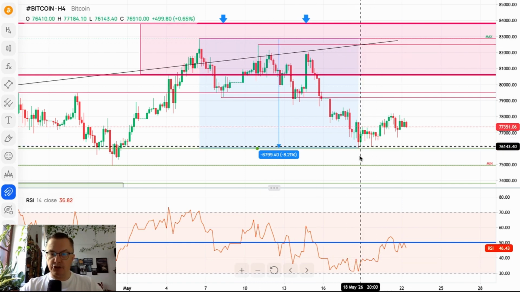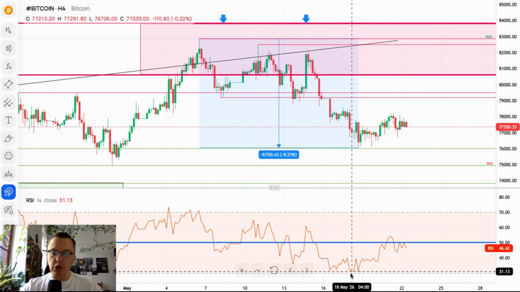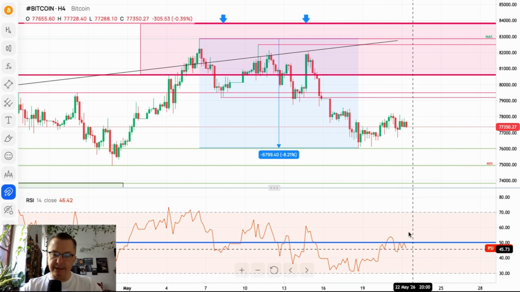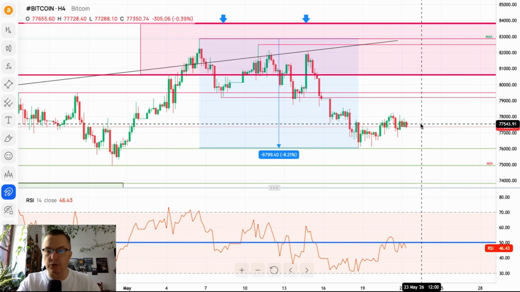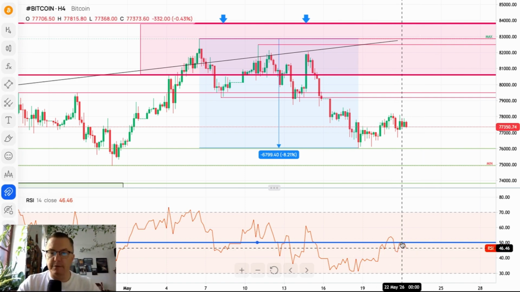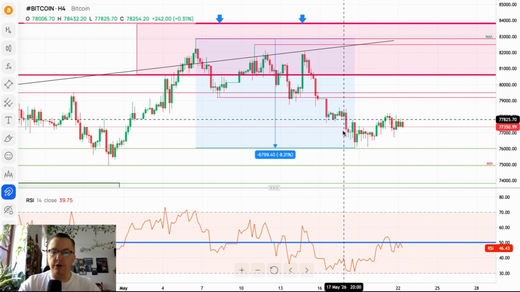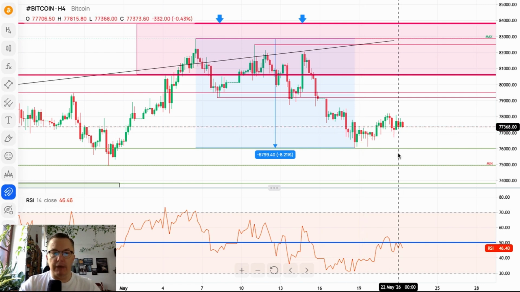Right now we are trying to move higher. 78,200 is the local high made after the breakout above the level of 50, but we oscillate around this level right now on the momentum, and it doesn't actually look like this market wants to stop moving lower, because there is no decisive breakout in the momentum, and it looks like we might see some sideways action or even a test of the recent low from May 18th 2026 located at 76,050, and then a breakout lower might happen as well.